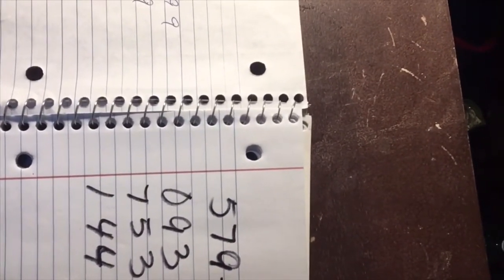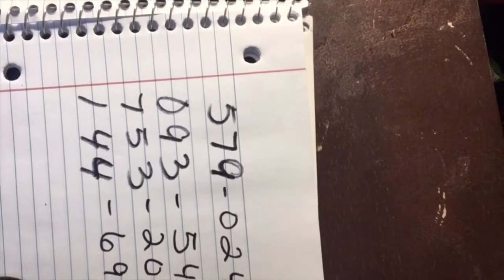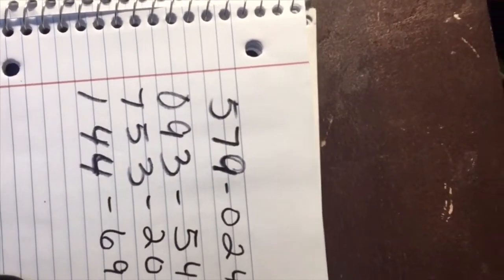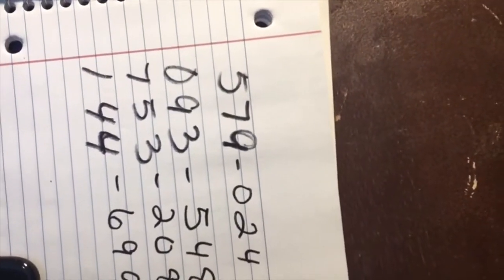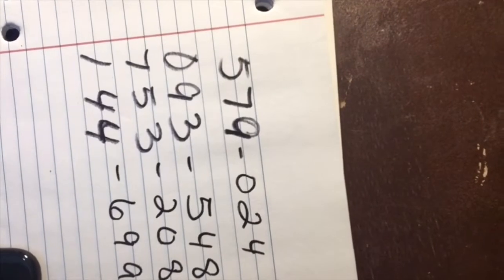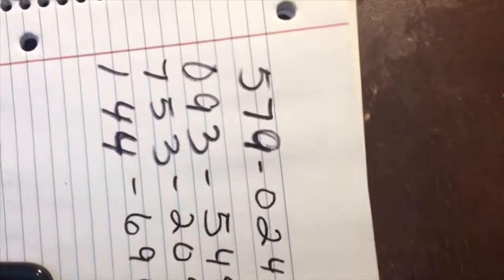But over here on the paper, we're taking the 579, 093, 753, and 144, and I rewrote those. I rewrote them in just regular mirrors, and I also rewrote them in vortex math. You say, well, how do you do that?